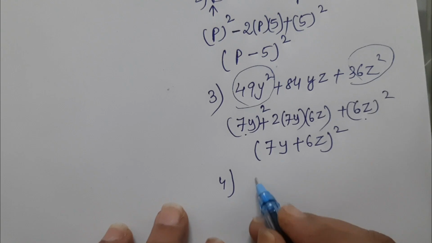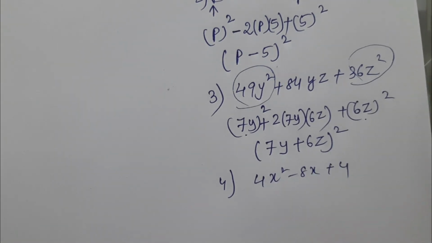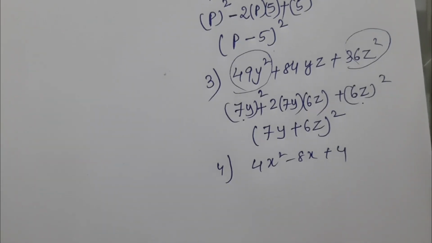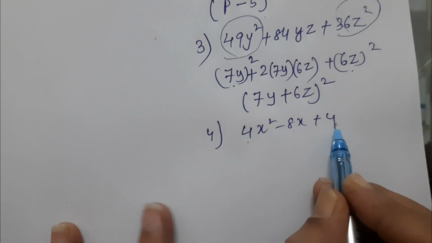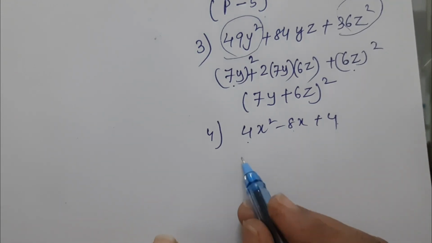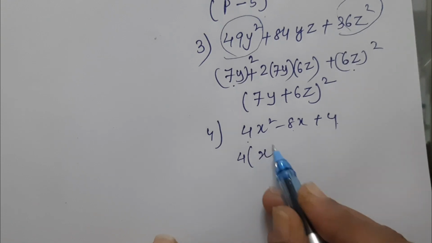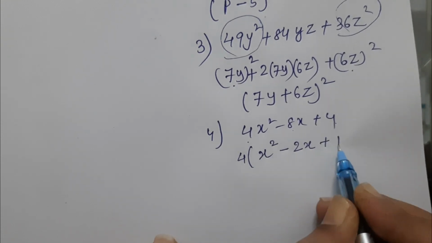One more question. 4x square minus 8x plus 4. Prior to this exercise, you already know what you learned earlier, how to take common. Here all three terms have 4 in common, so before solving, we take 4 as common. Thus it is x square minus 4 2s are 8, plus 4 1s are 4.